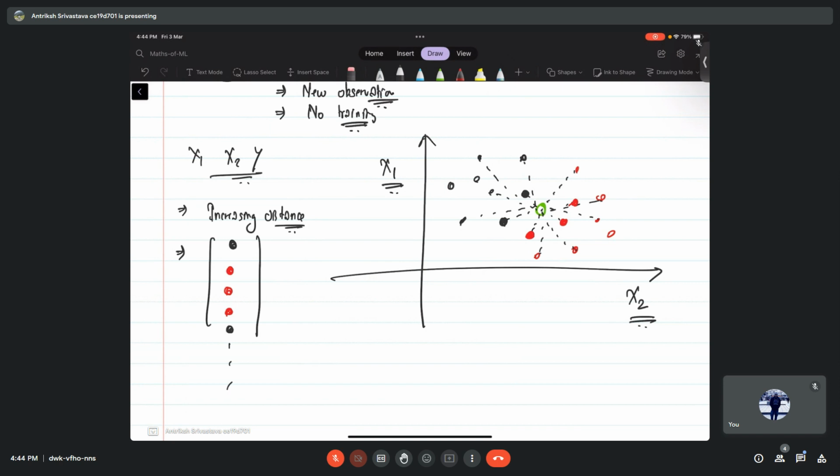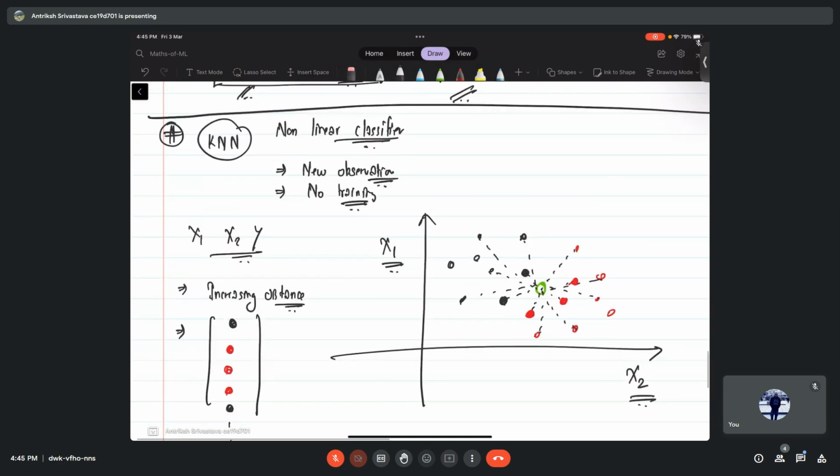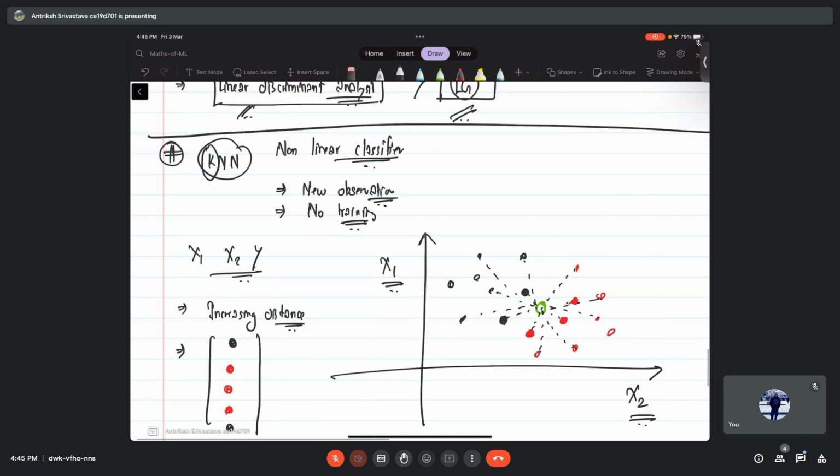So like this the list will go on, and now you have given k as an argument, right, inside this classifier. What that k is, it is the number of neighbors that we have to consider.